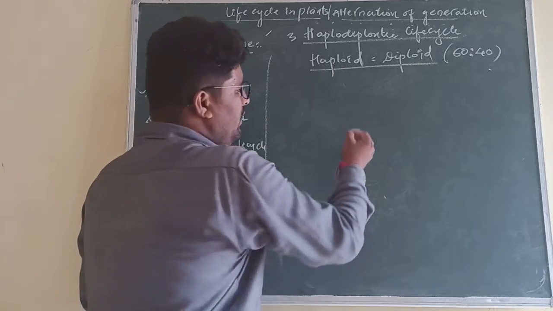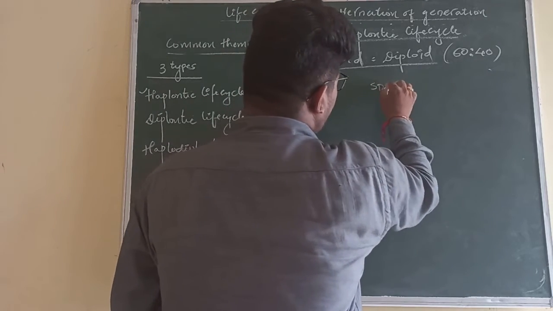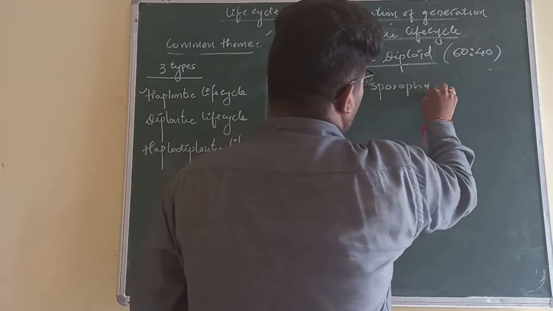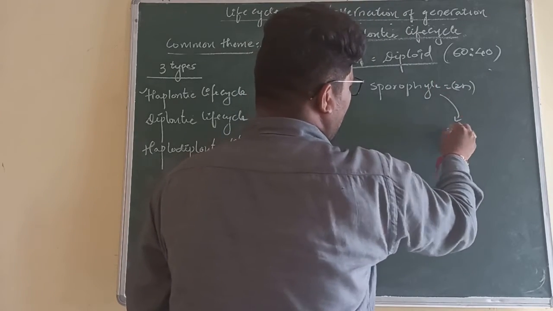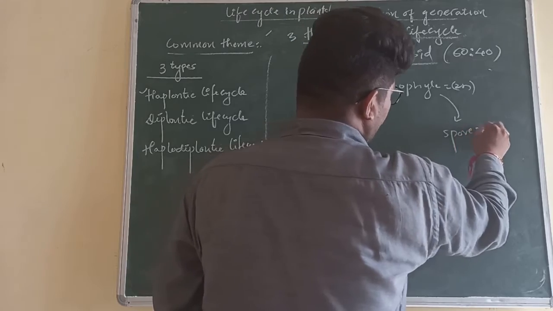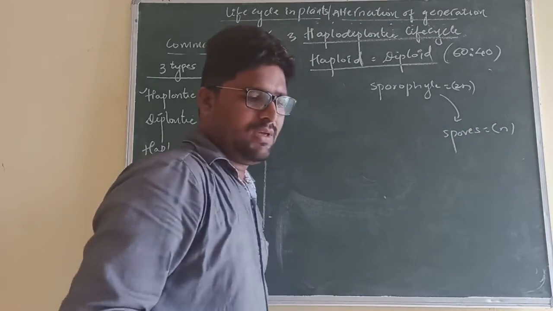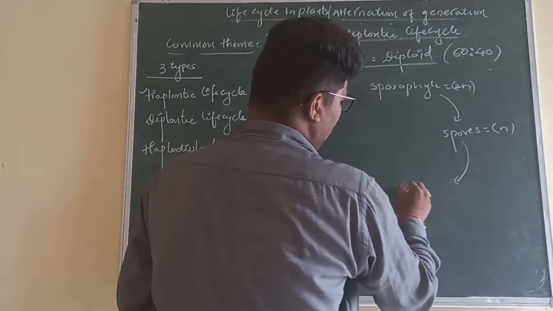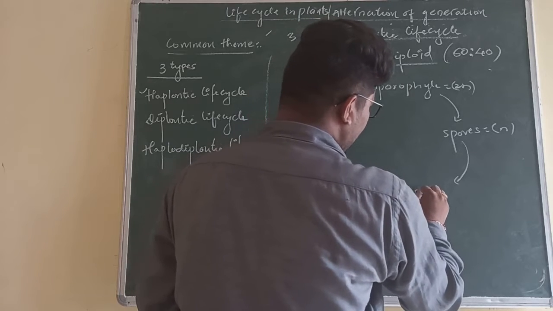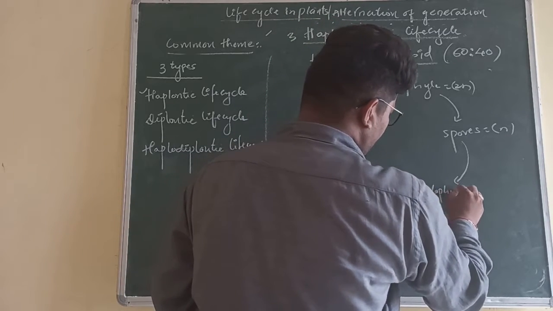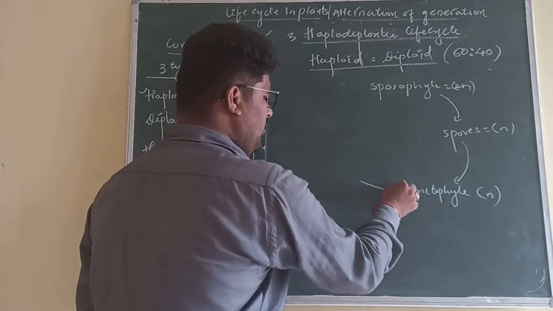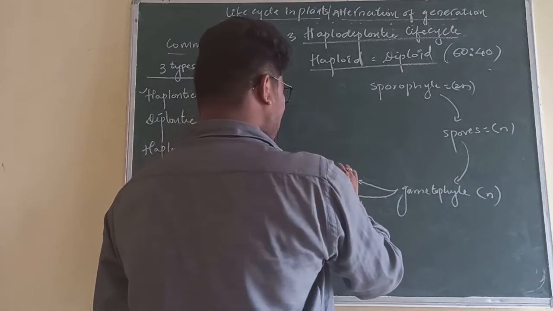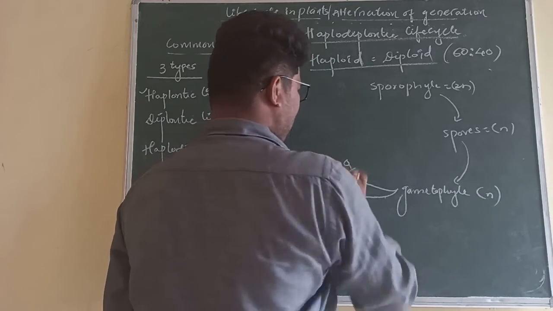See, if there is a sporophyte, this sporophyte is diploid and this will form spores. These spores will be haploid. These spores further form gametophyte. These gametophytes are haploid. These gametophytes will form two types of gametes, male gamete and female gamete.